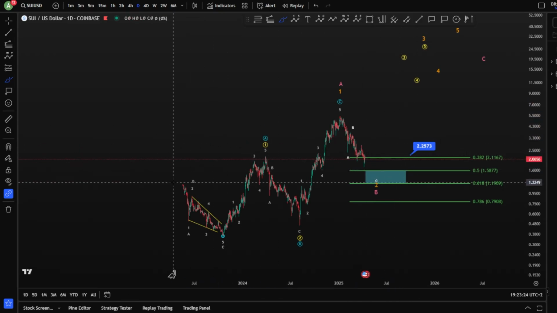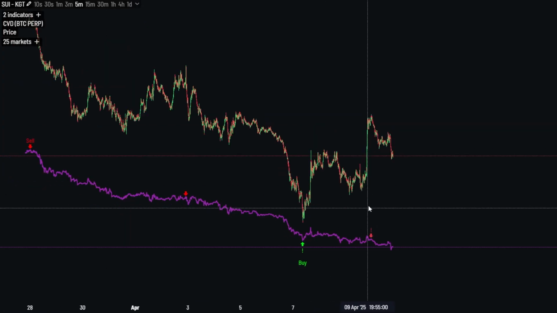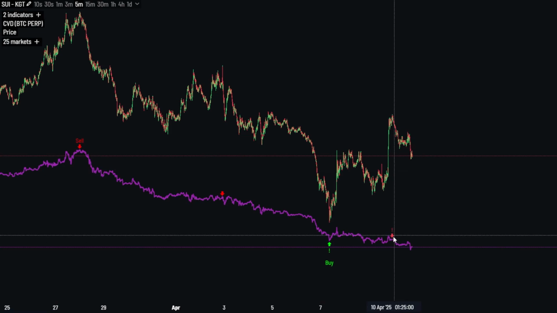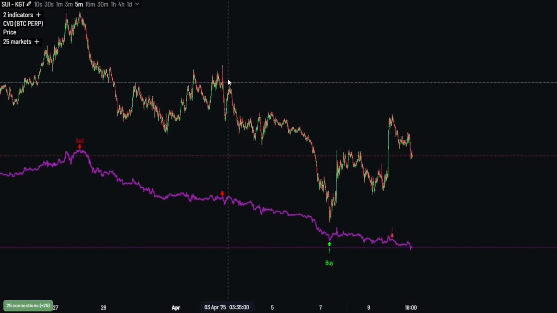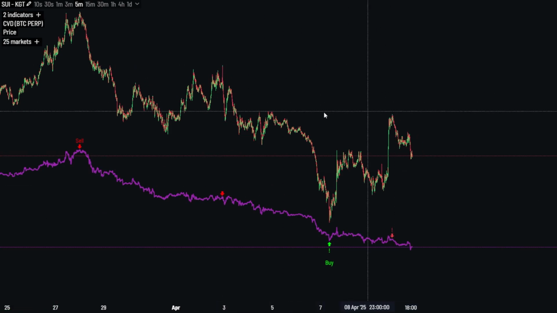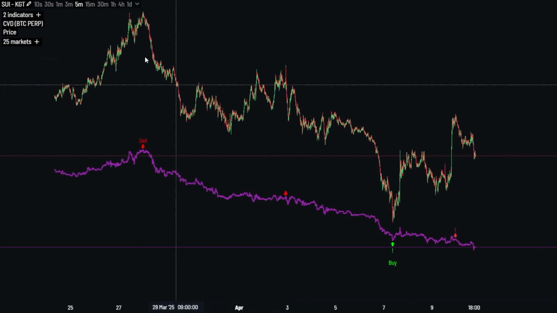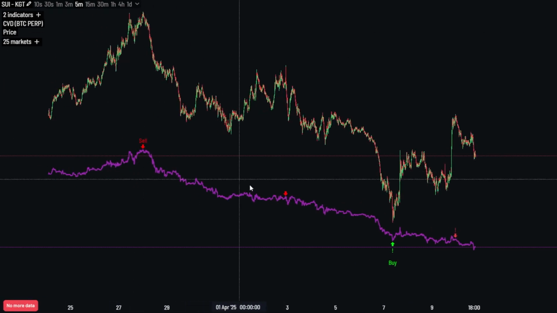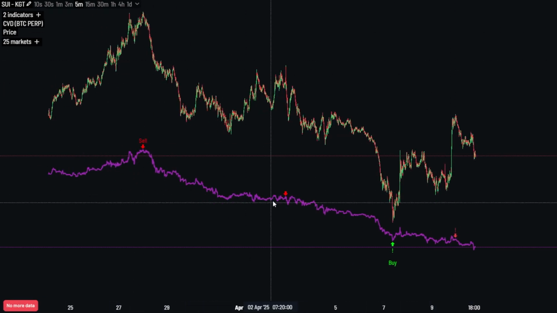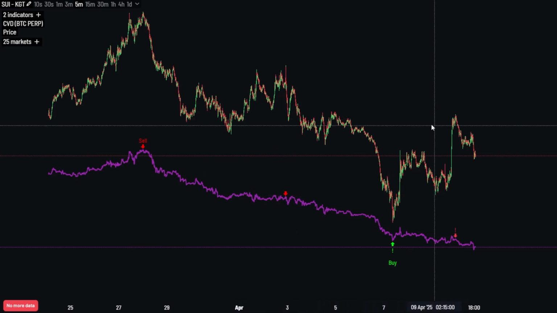If you take a look also at KGT for SUI, on the 5-minute chart, we can see that SUI shows a bearish signal taken from this conversion as well with the price action. We already got a conversion there, and we saw even another drop. And here we go, it is repeating itself one more time.